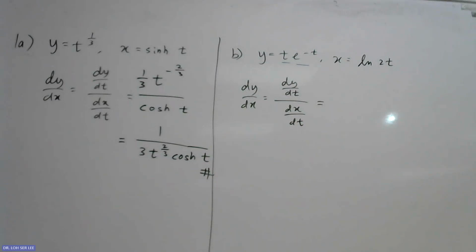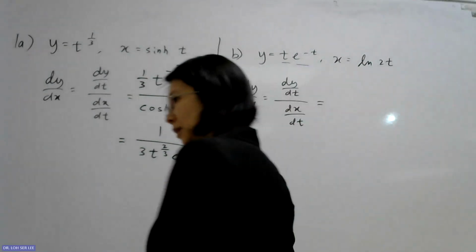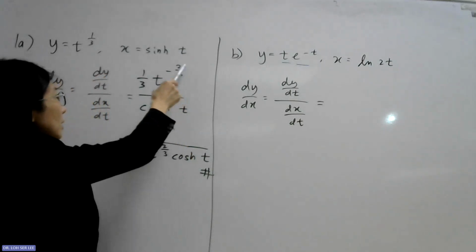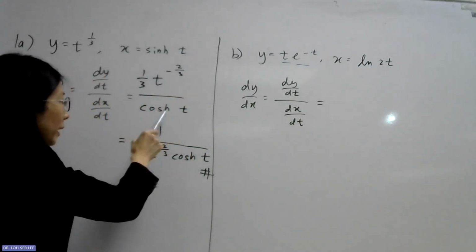Any questions? Okay, this is A over B. A divided by B.